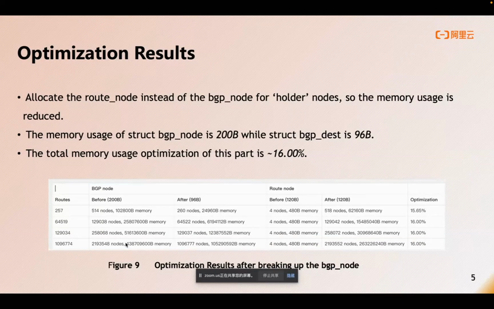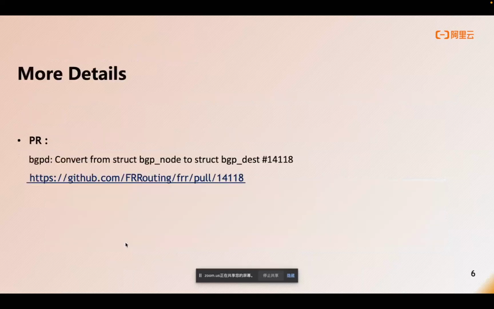So I tested the effect with different numbers of routes from 200 to 1 million, and the optimization rate remains at around 16%. My code is still under review now. If you are interested in this project, here is my PR link. Thank you. That's all.